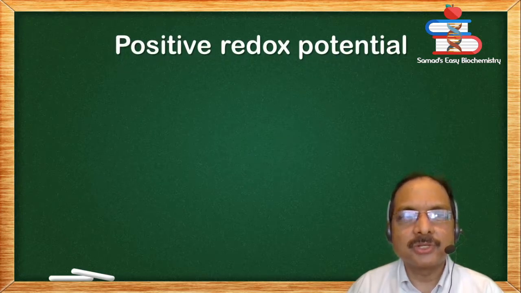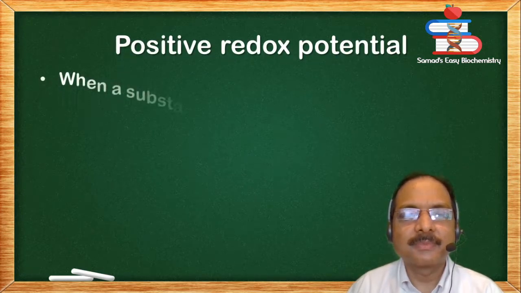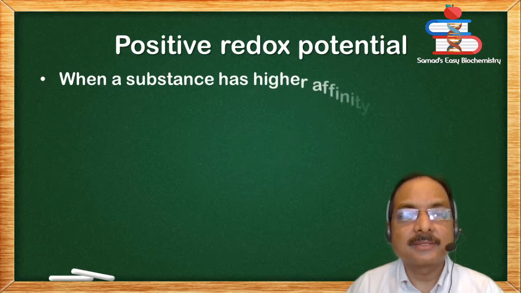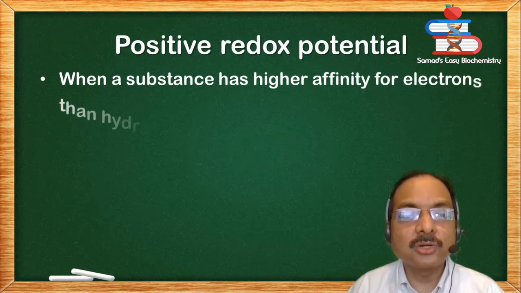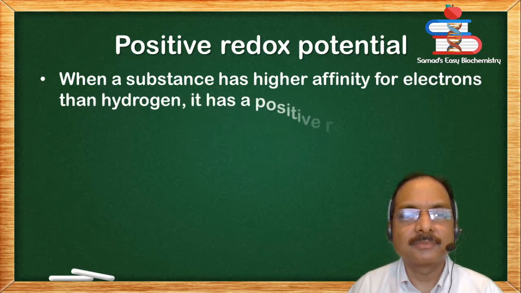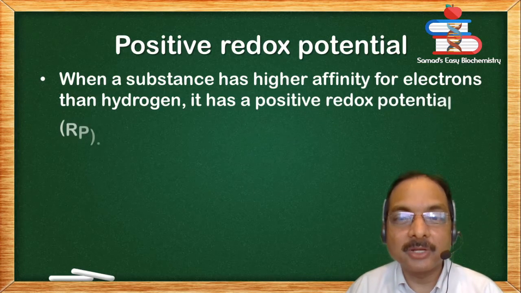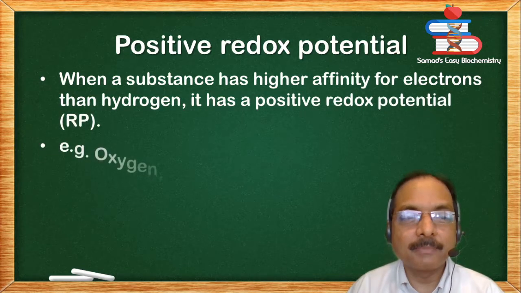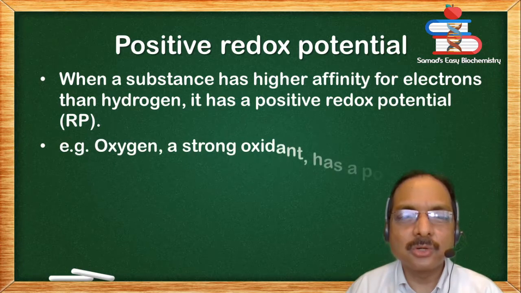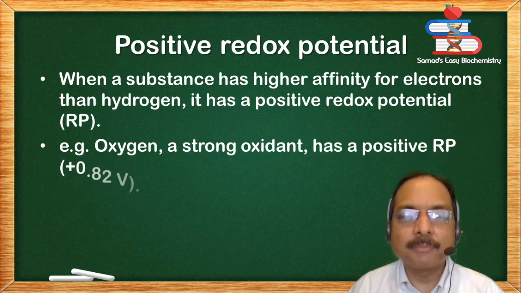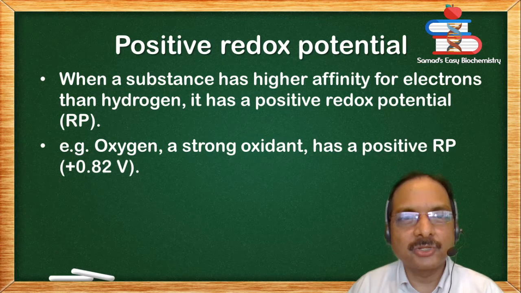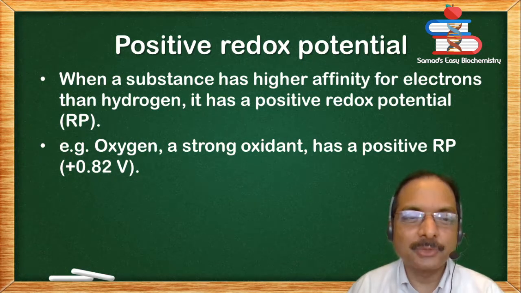Positive redox potential. When a substance has higher affinity for electrons than hydrogen, it has a positive redox potential. Example, oxygen, a strong oxidant, has a positive redox potential of plus 0.82.